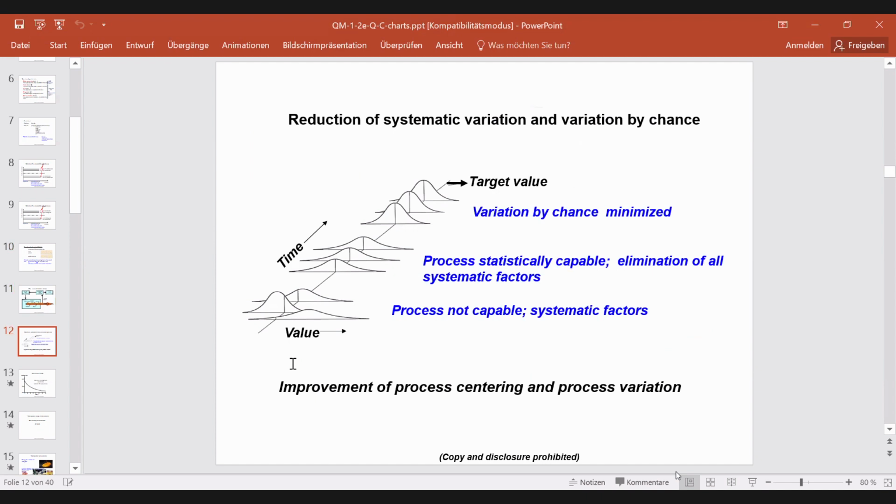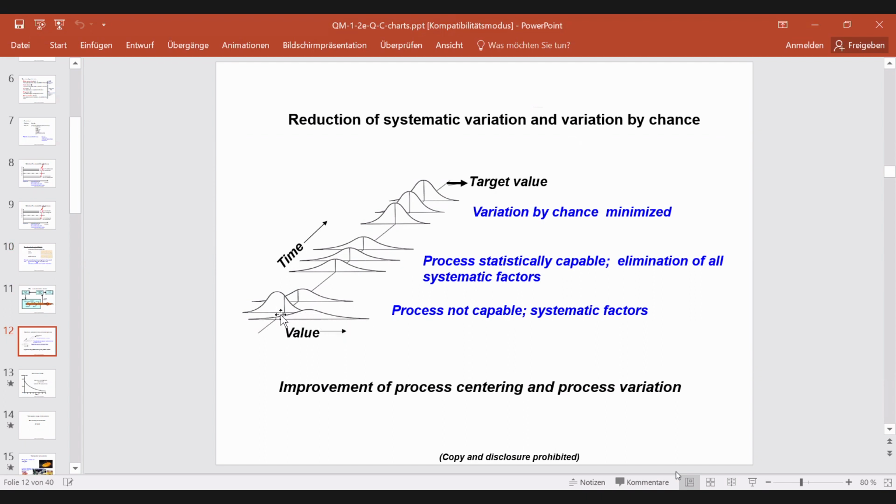The first step is to get the process in a stable condition. This means the process is statistically capable. And here you see this process is not statistically capable because they have systematic differences from production to production. Maybe today they do a production and get a normal distribution like this.